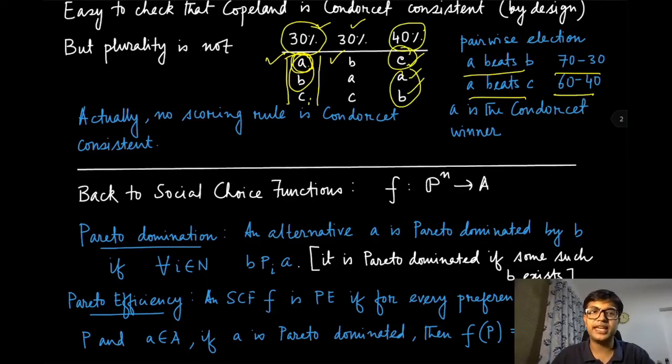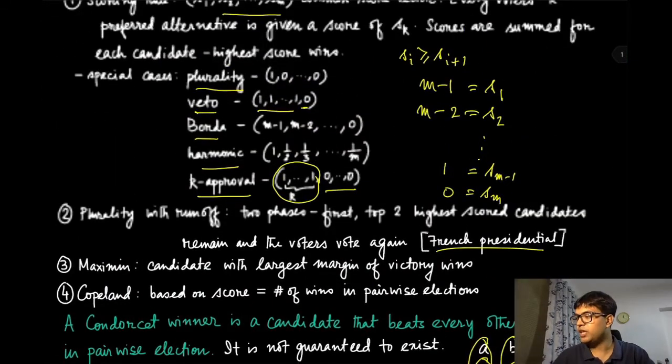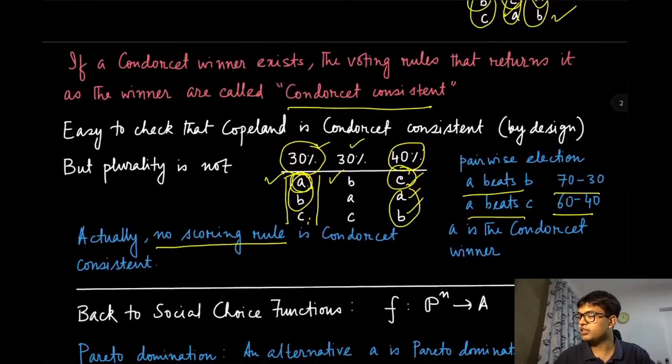Condorcet winner was A. So actually you can prove it even more generally. You can create counter examples for any kind of scoring rule. So no scoring rule based mechanism that we have discussed in the beginning, all this plurality, veto, Borda, harmonic, k-approval, none of them are actually Condorcet consistent.